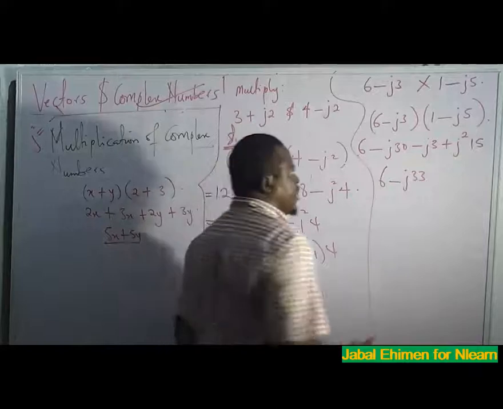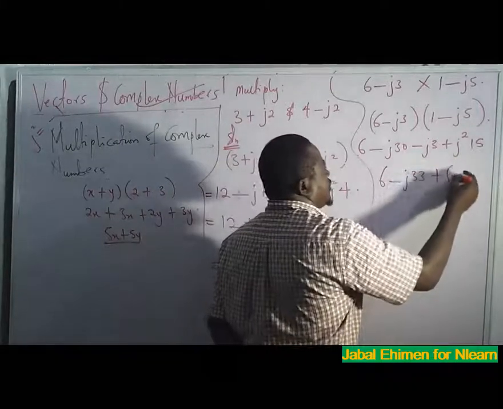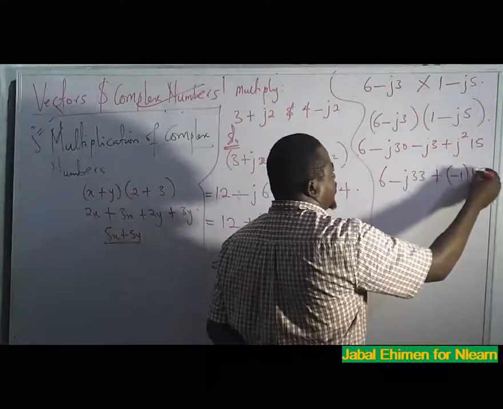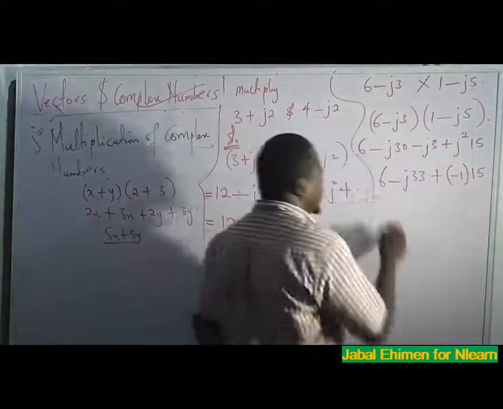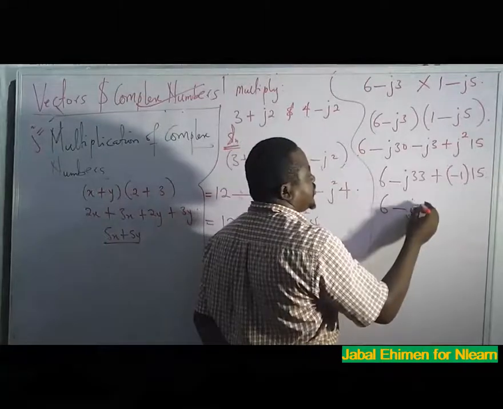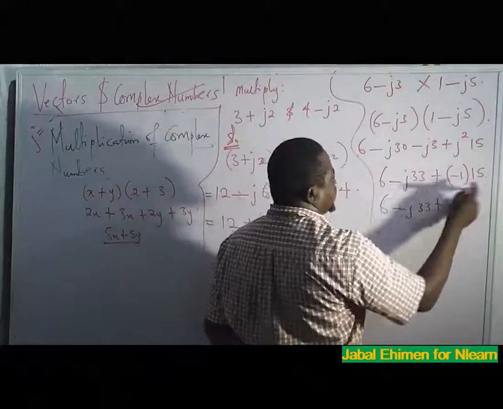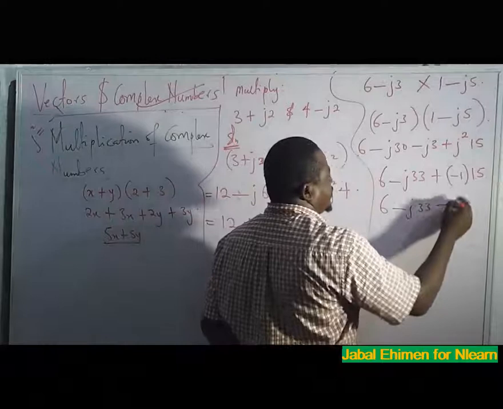Plus J squared is minus 1, times 15, that's minus 15. So that will give us 6 minus J33 plus minus 15.